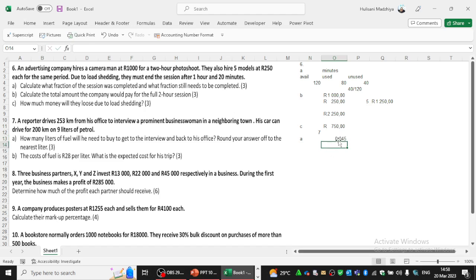It gives us 0.45, meaning that 0.45 liters can allow him to travel 1 kilometer.